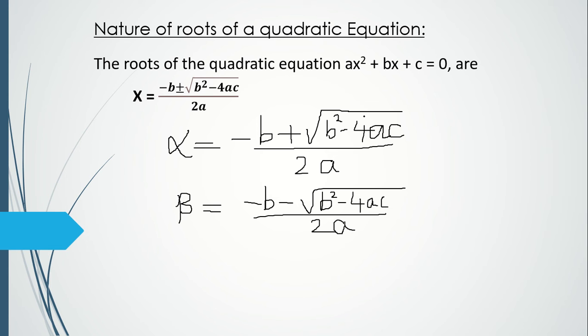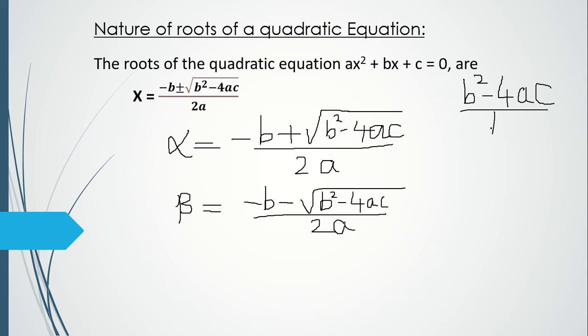Now in this formula, this b square minus 4ac is very important. B square minus 4ac decides what is going to be the nature of the roots of the quadratic equation. That's why this part, b square minus 4ac, is called the discriminant.